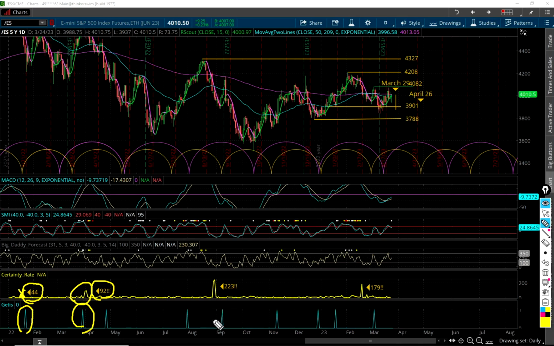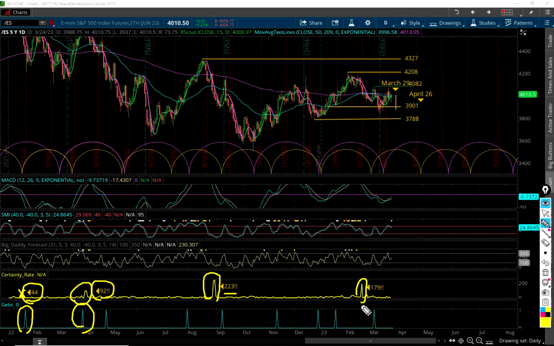Back here in late August, early September, we had a huge spike on this certainty rate, 223, the biggest one to date since I created this indicator. And then over here recently, we had one at 179, another massive one. Looks like it was late February.